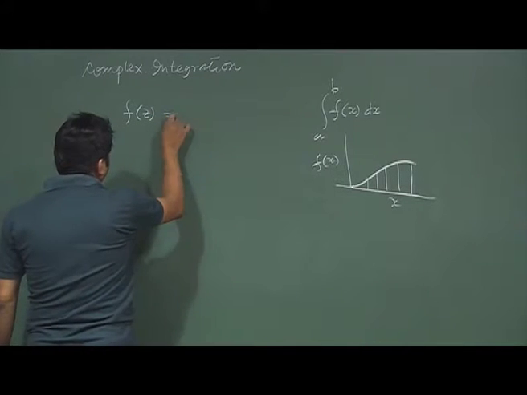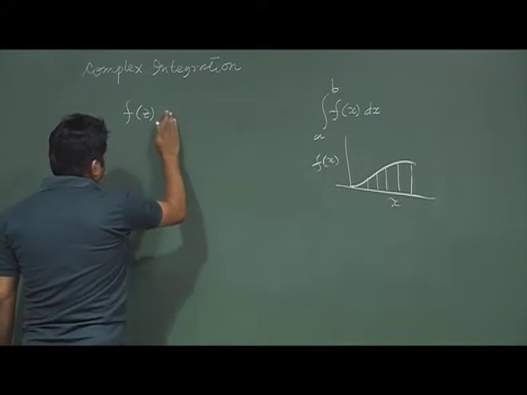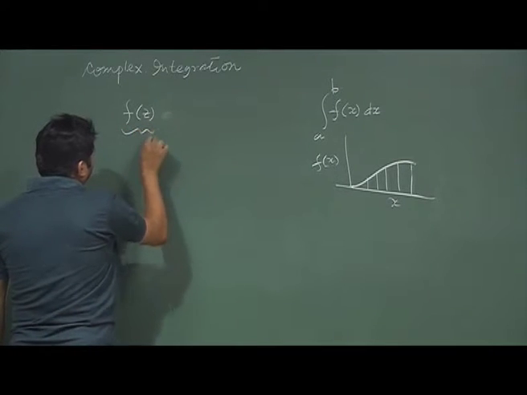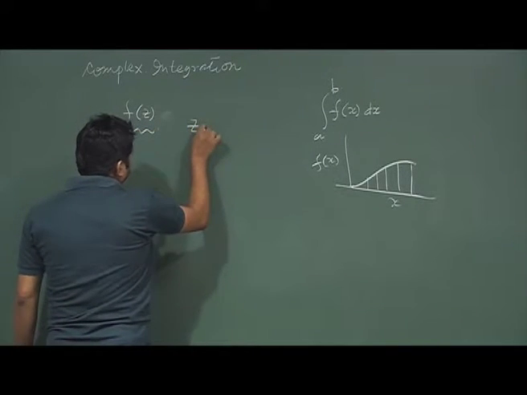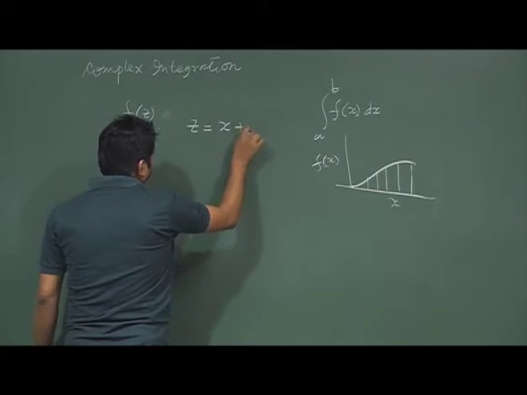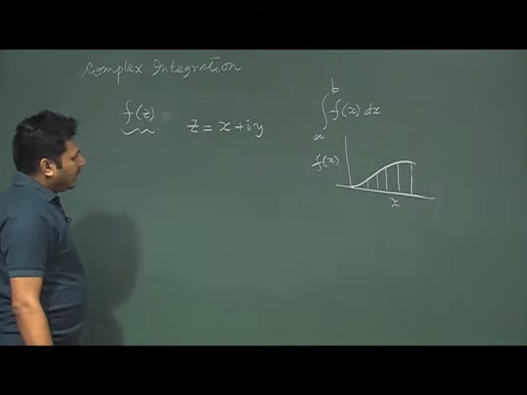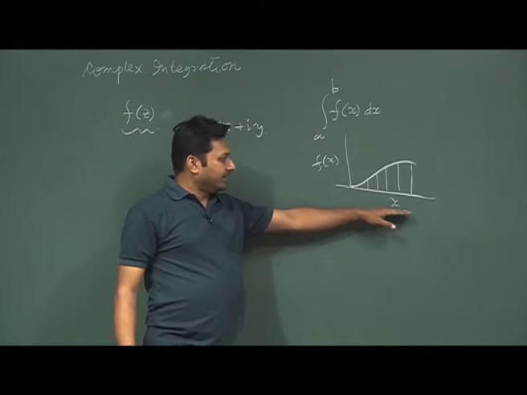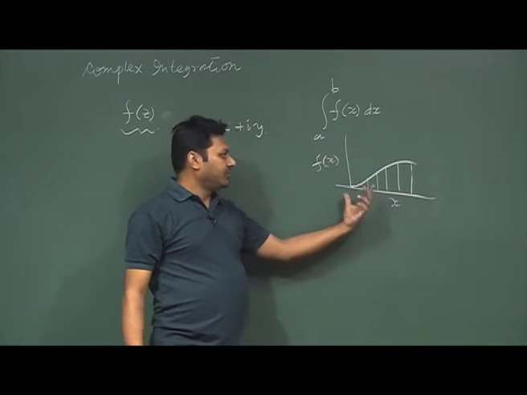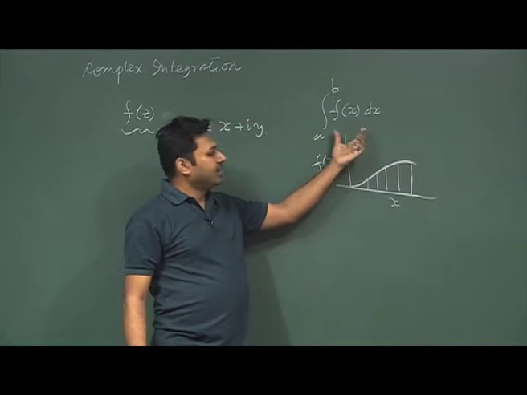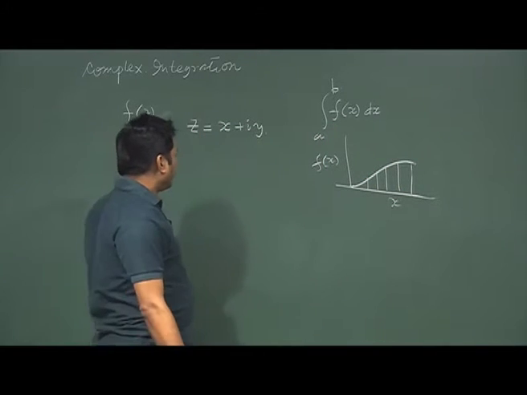f(z) is my complex function and z is x plus iy. Now, here x is a single parameter that is changing from one value to another value, and as a result I am getting this integration in this form.